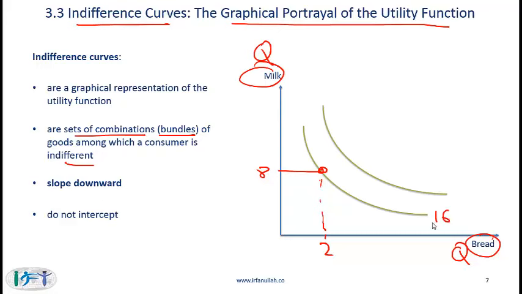Now we might have another bundle where we have, instead of 8 ounces, 4 ounces of milk and 4 slices of bread. So this particular bundle also has a utility of 4 times 4, which is 16 utils, and therefore these two bundles are on the same indifference curve, and that emphasizes the point over here.